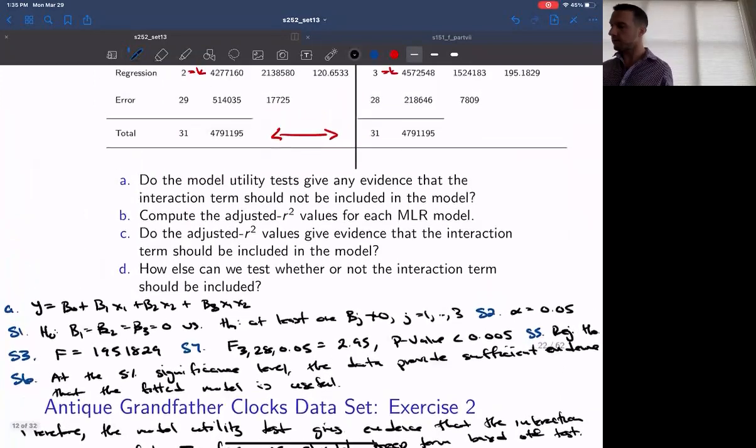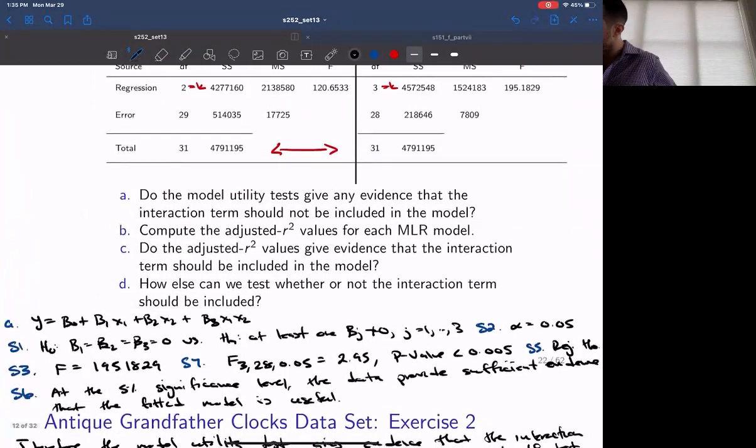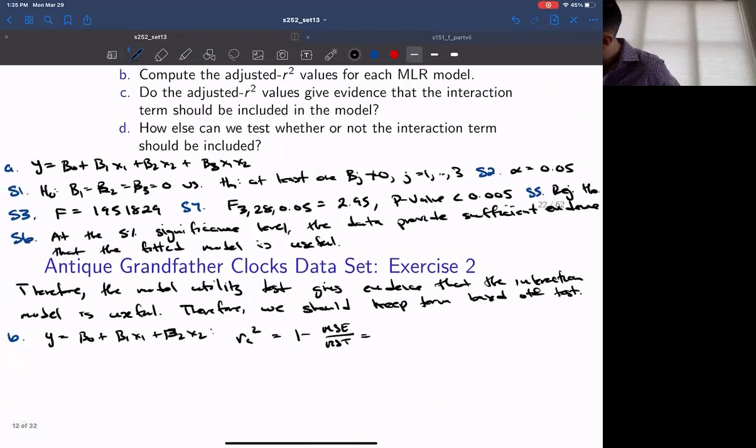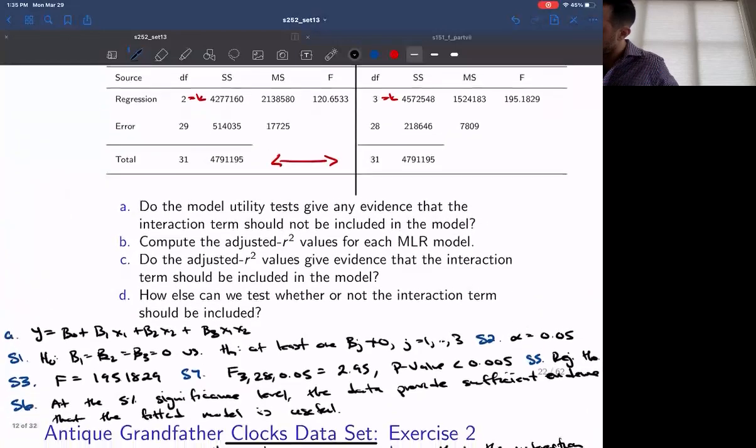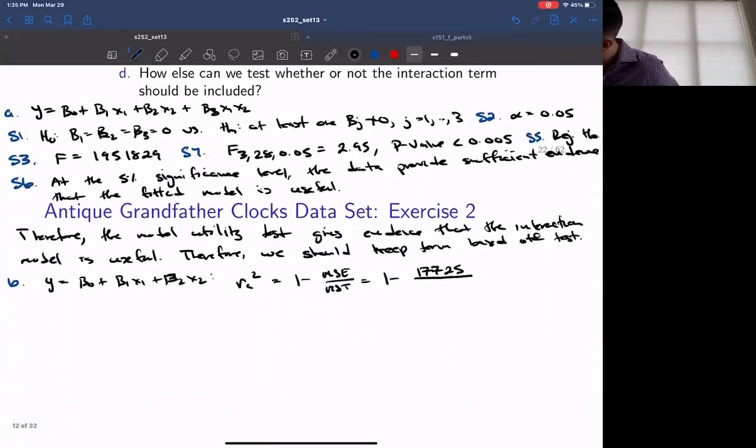So that's going to be 1 minus 17,725 divided by 4791195 divided by 31. And that gives us 0.885.